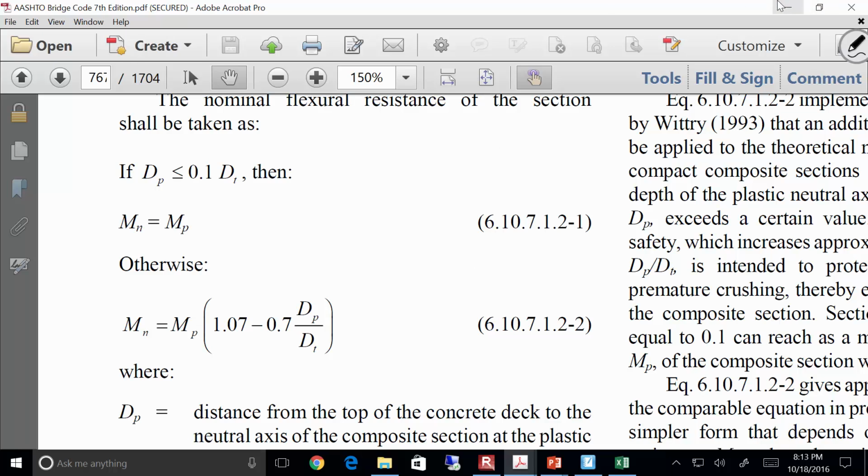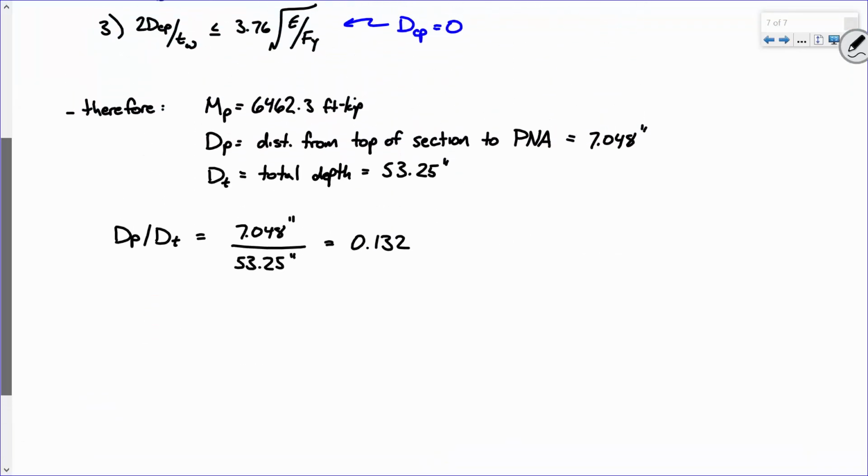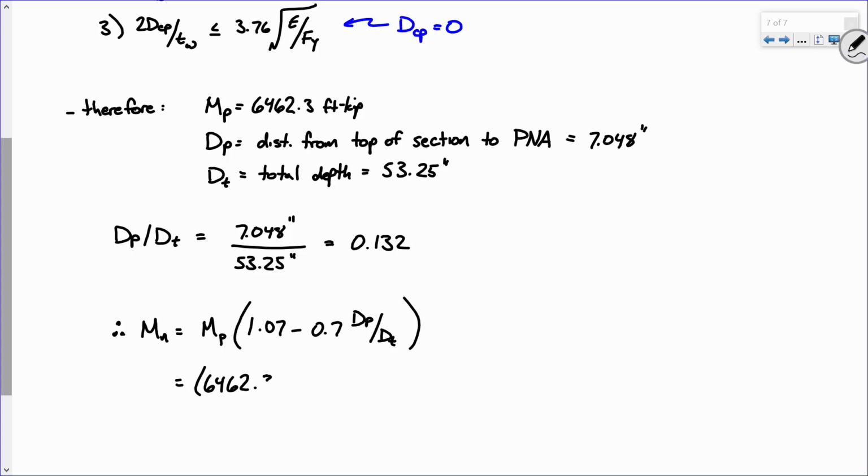So therefore, Mn is MP times (1.07 minus 0.7 dP over dt), which is 62.3 foot kips times (1.07 minus 0.7 times 0.132).